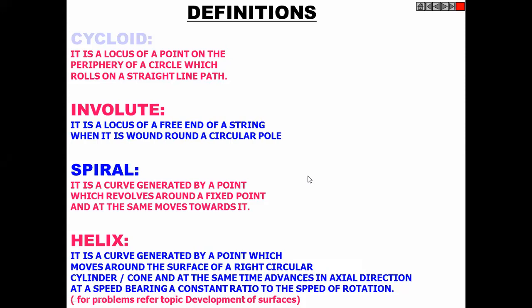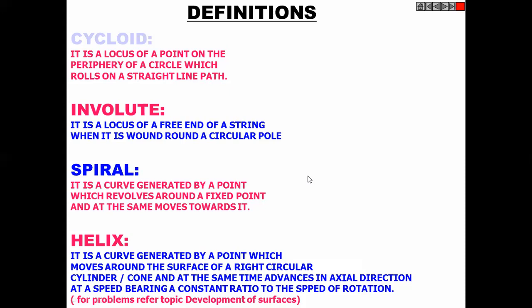It will be slightly away, adjacent to the first path. As you go on, it will have some length covered. You have a certain string with a certain length, and you start rounding it around a circular pole or circular stick. It will cover some linear distance. Now the locus of that whole path is called involute curve.